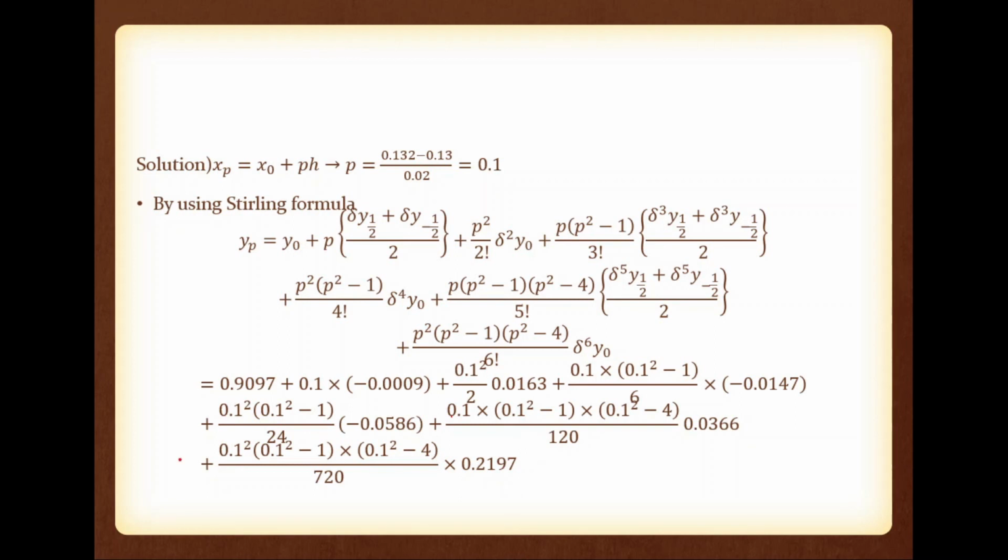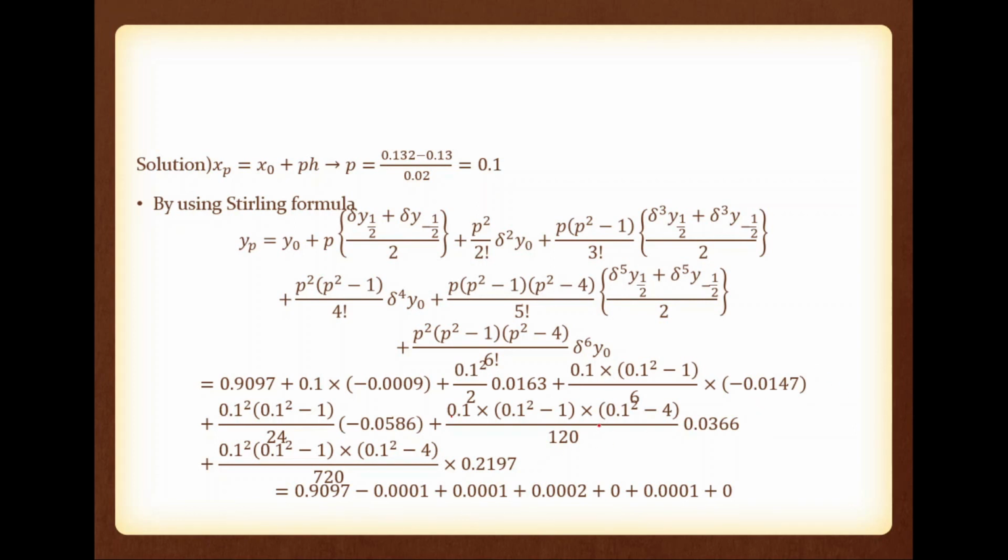Okay. So now this is equal to 0.9097, minus 0.0001, plus, this is 0.0001 because we are using 4 significant digits, plus the next one is 0.0002, this value is 0.0002 after round off.